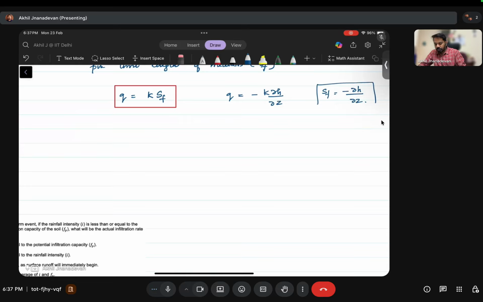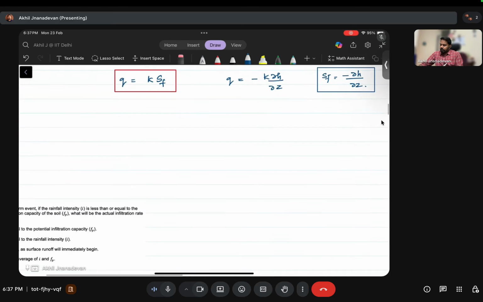The negative sign means the flow is taking place opposite to the positive z-axis. The flux is going down, because the head is dropping. So it's a drop in head, right?